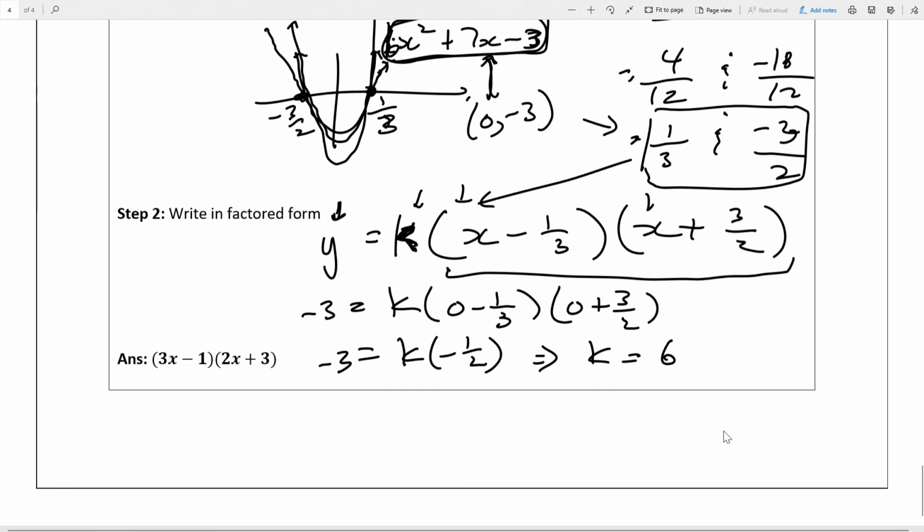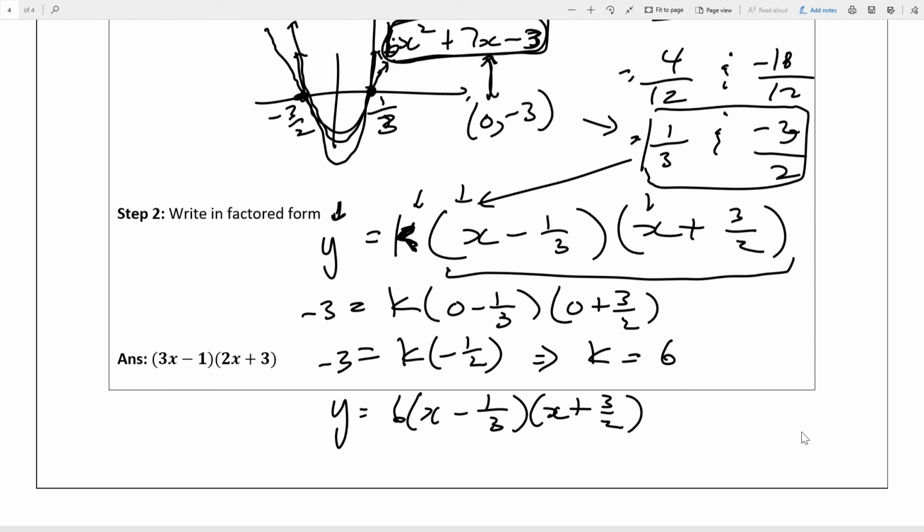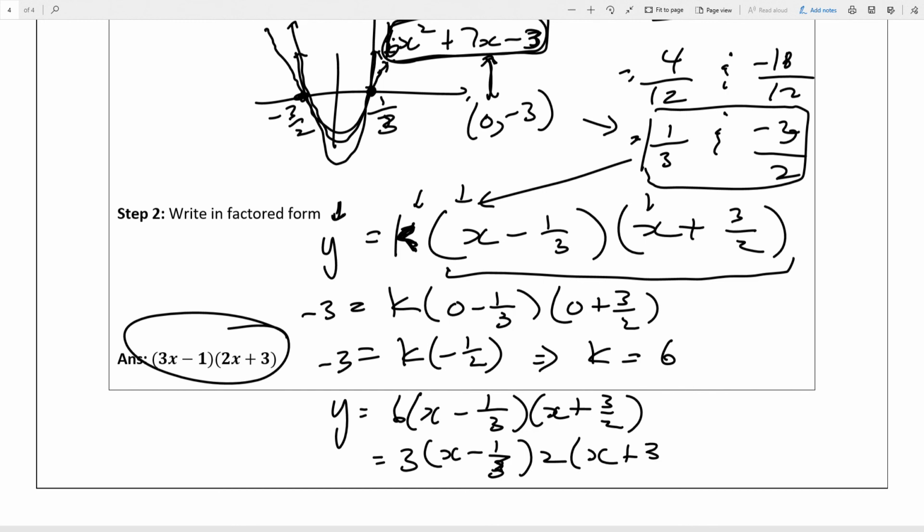Since k is equal to 6, this means our equation is 6 bracket, x minus 1/3, bracket, x plus 3 over 2. Now you're still wondering why it doesn't look like this. You just need to manipulate a little bit to make it look the same.